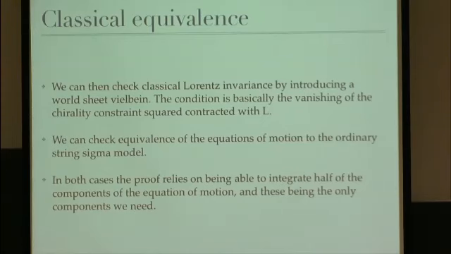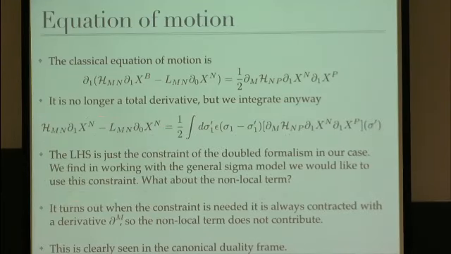Okay. So we can perform a few checks on this more general sigma model with the strong constraint. So first of all, we can check classical Lorentz invariance, and we need the strong constraint even to show at classical level that we have Lorentz invariance. So the condition for Lorentz invariance, we basically have the vanishing of the chirality constraint squared contracted with L. So we basically have the left-hand side squared contracted with L. Of course, we could substitute for the right-hand side, and basically you have something which vanishes by the strong constraint.